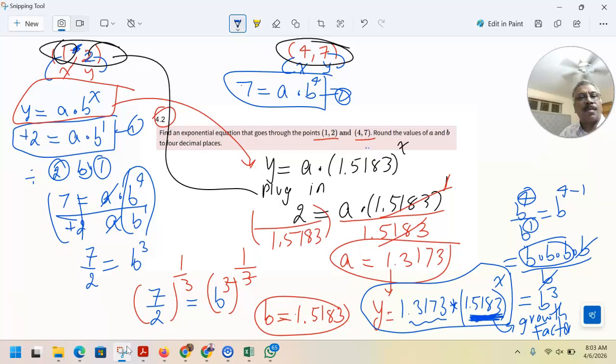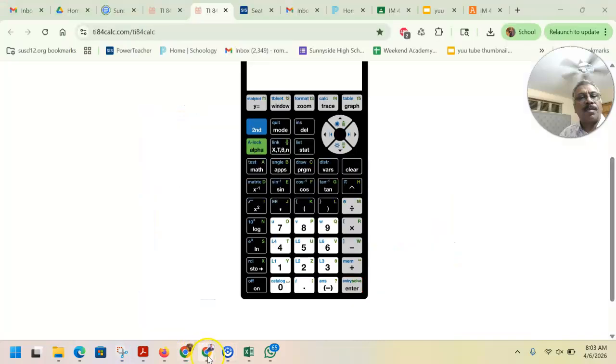Now, if you want to graph this, let's graph this and see what the graph looks like. Turn on Desmos first.